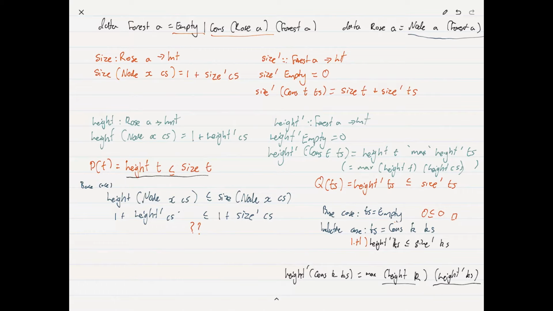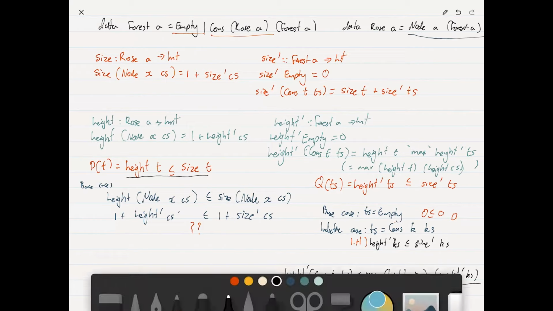And then if we knew both this current inductive hypothesis and this property P, then we could conclude that this is less than or equal to the maximum of size K and size prime K's.